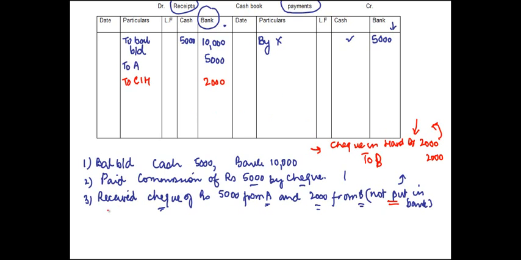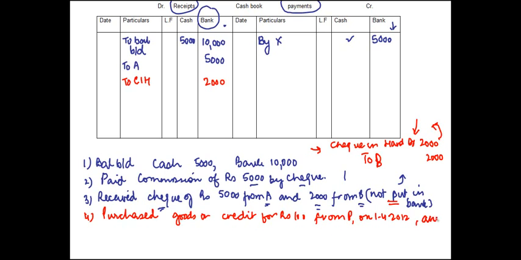Right? Now let me put another entry. Purchased goods on credit for rupees 100 from P, okay, on 1/4/2012 and paid check on 31/3/2013.